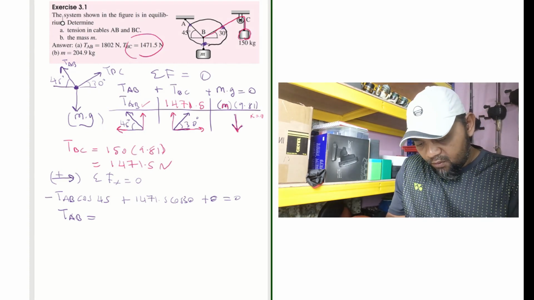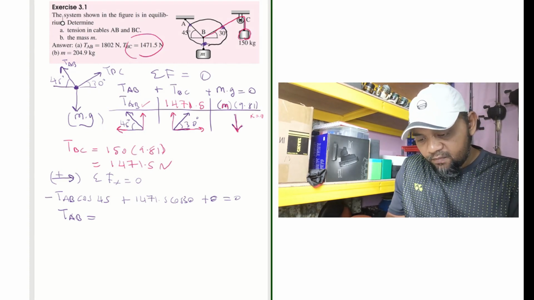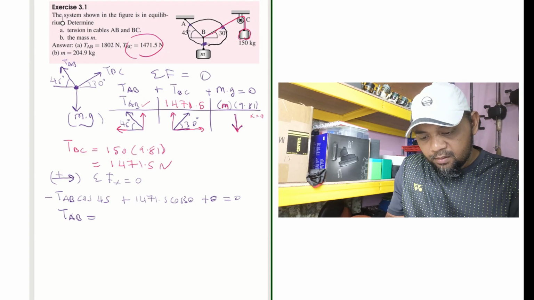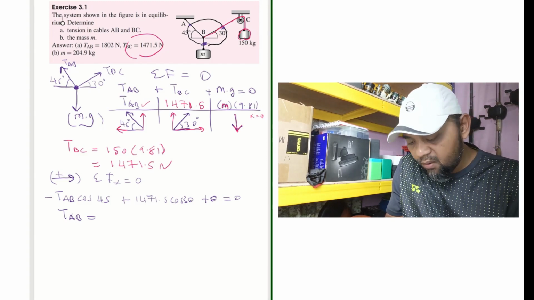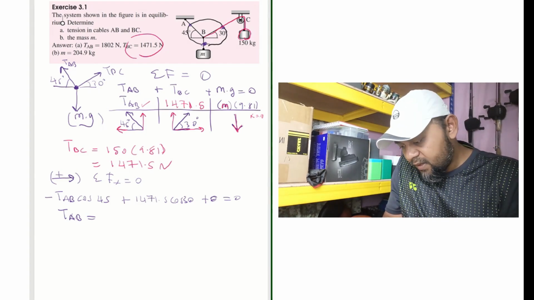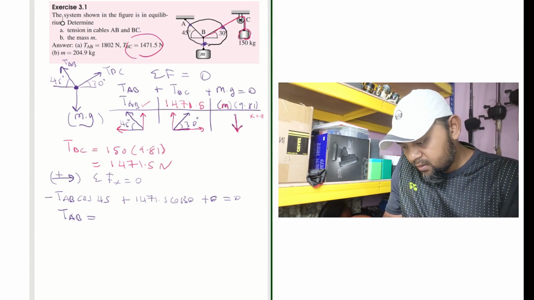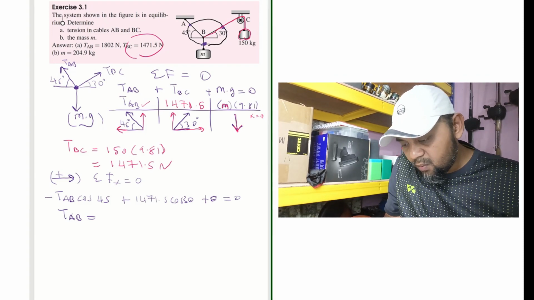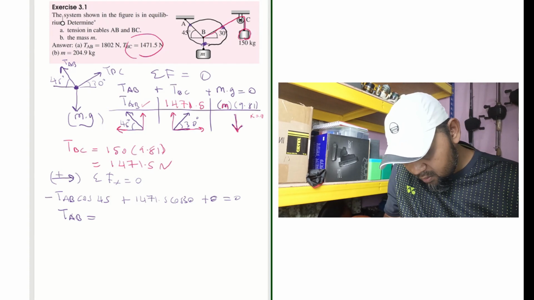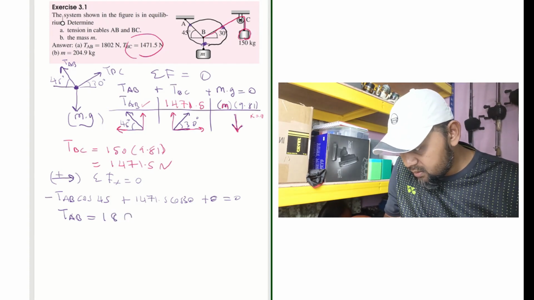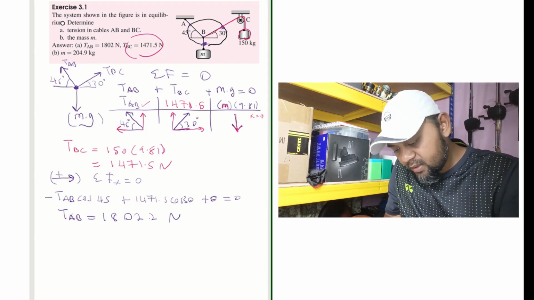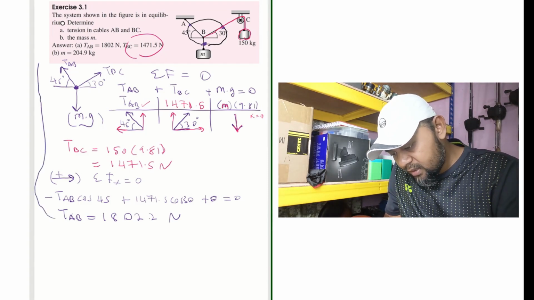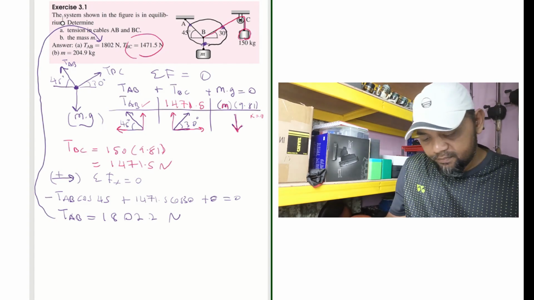So TAB is equal to 1471.5 cos 30, you should have 1274, and then divided by cos 45, which is from TAB, you have 1802.2 Newton, which is the same as the answer given here.